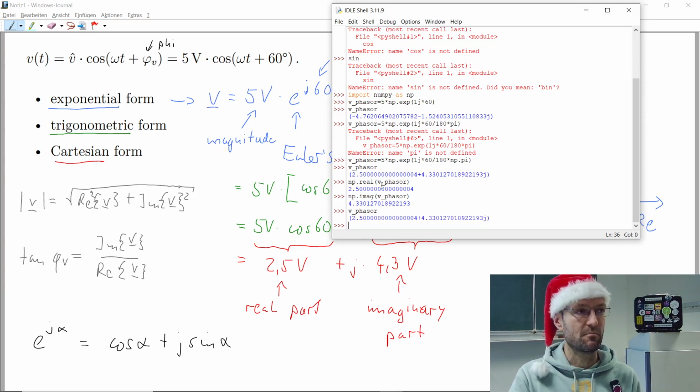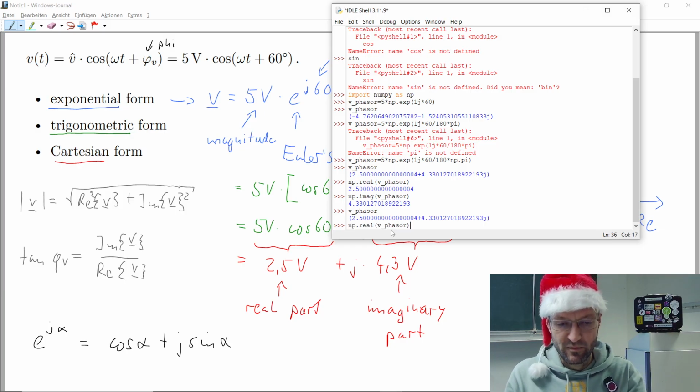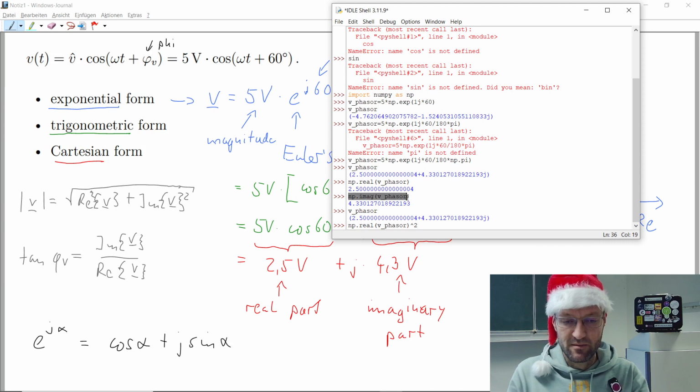So how would I get the magnitude of this phasor? Sum of the squares. Yeah, this is of course what I could do. So I could take the real part, copy it, square it, take the imaginary part, add it, square the imaginary part, and then take the square root of this.